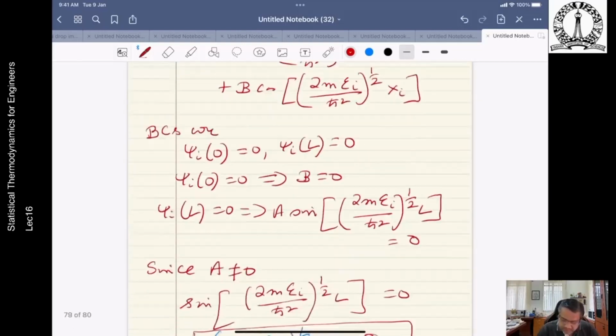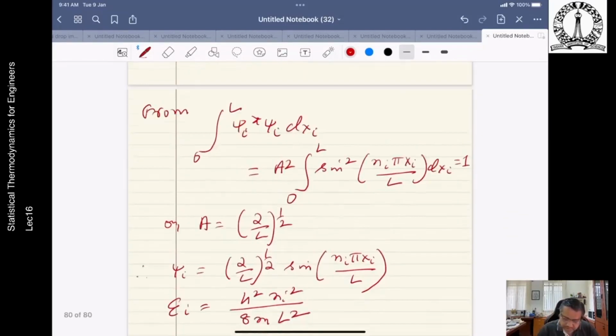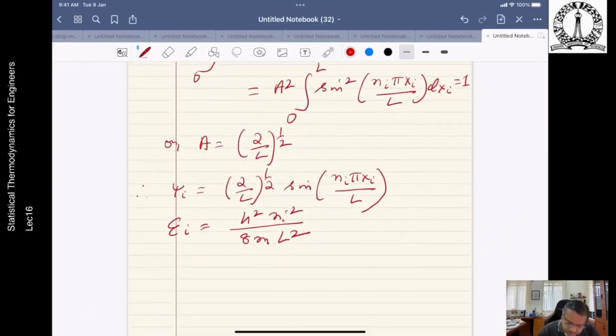These two results are vitally important. You have found the wave function in the ith direction, and the energy in the ith direction also.